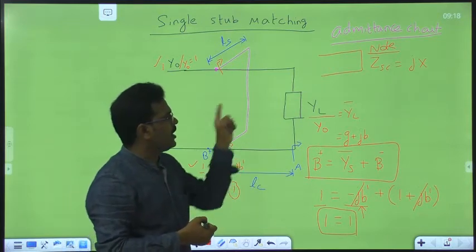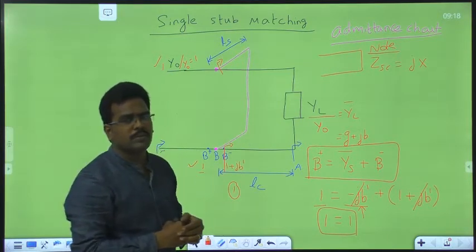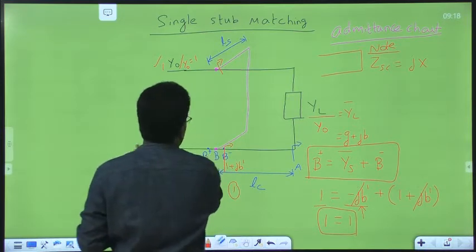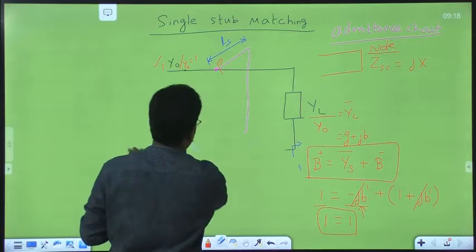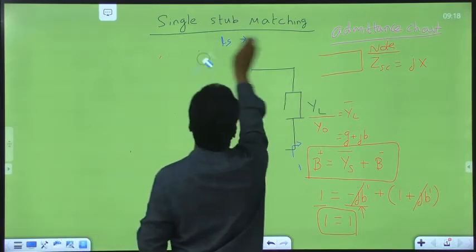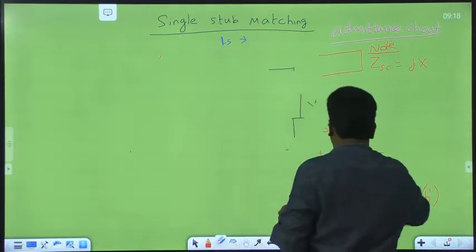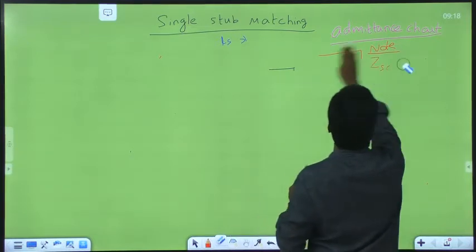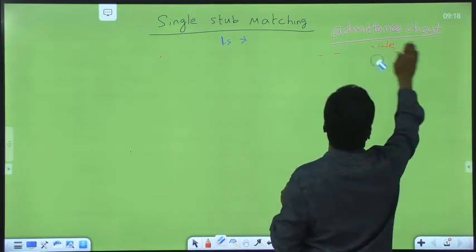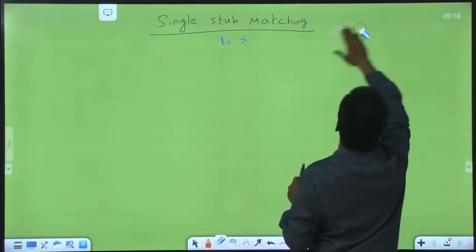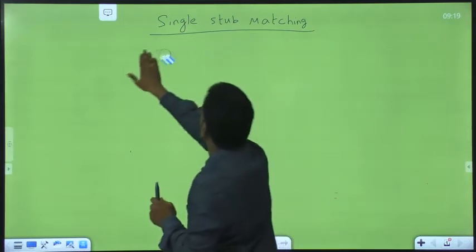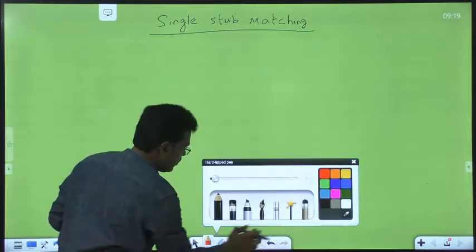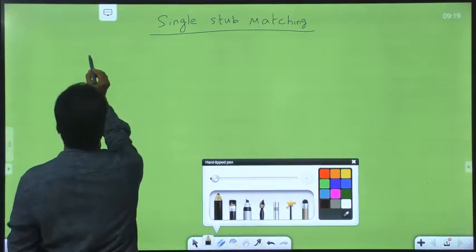Now with the help of the Smith chart, we have to find out all these values. Now we have to try to draw the admittance chart. So first draw the stub circuit.